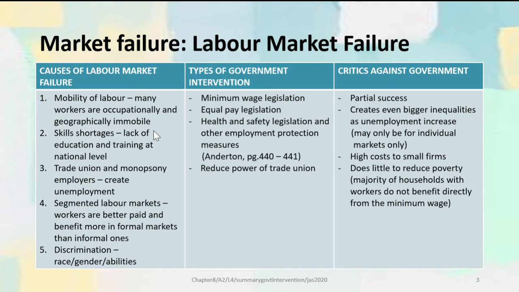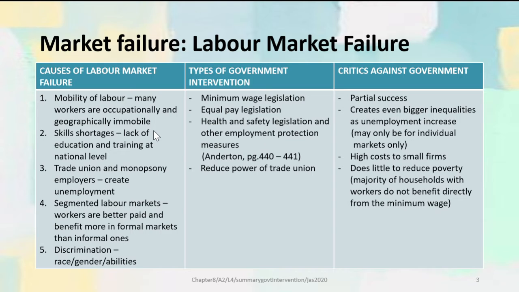In reality, there are many people who are unable to move around because they're tied up with family and have settled down their houses, and all sorts of other things around them. So it's very difficult for them to move to other places. That implies labor market failure.